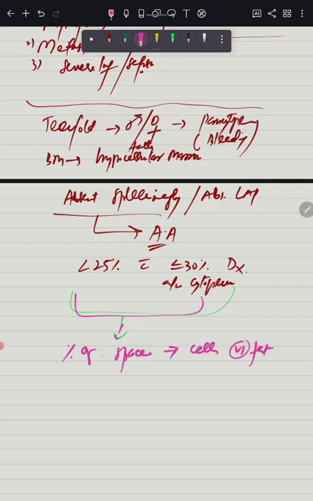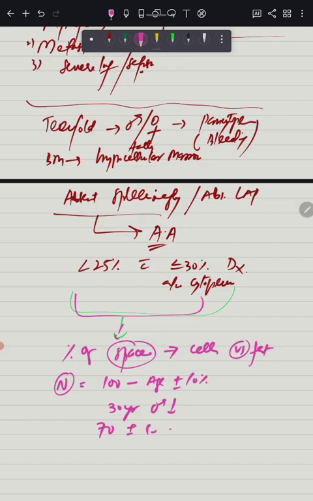So normal cellularity is equal to 100 minus age, plus or minus 10%. For instance, for a 30-year-old male or female, it will be 70 plus or minus 10, so it will be 60 to 80% bone marrow cells.